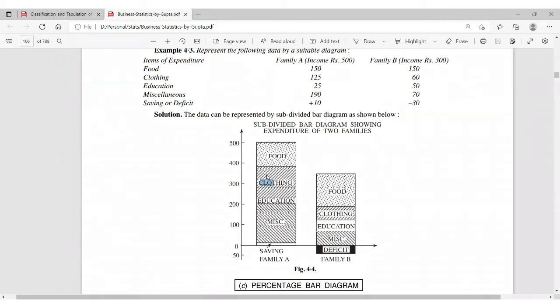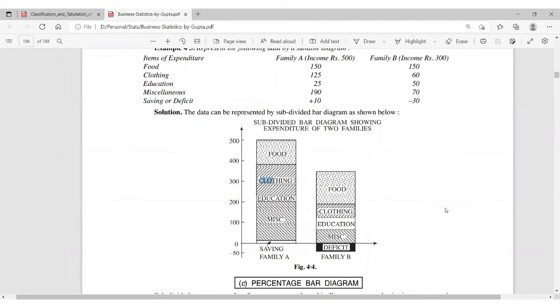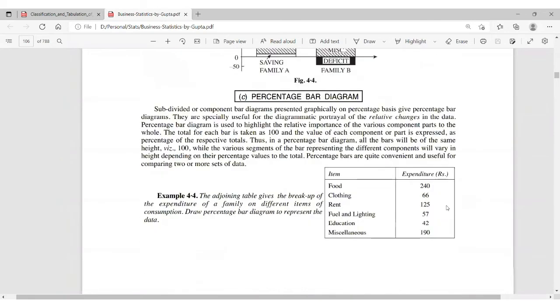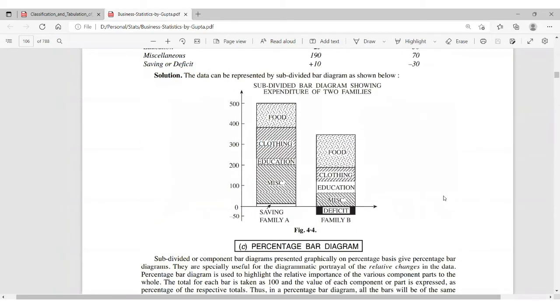Okay, so this is a kind of bar diagram for the two families, family A and family B, whose income is 500 and 300. We show them in the bar diagram. Further, for family A, it is segregated into food, clothing, education, miscellaneous, whatever it is. So we further subdivide. Got it?